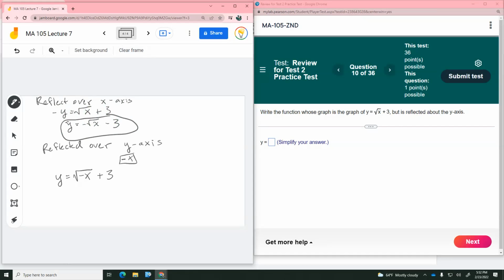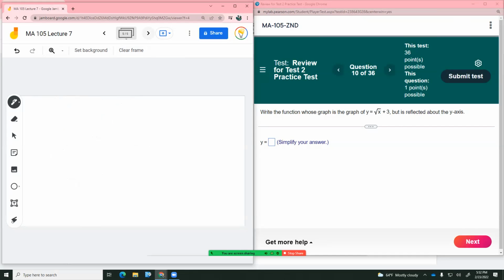So for example, you can write this down because this is not on there, but what if it says something like y equals, I don't know, square root of x, and then I want you to reflect over the x-axis, then shift up 2.